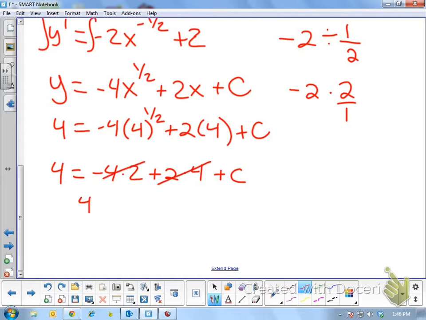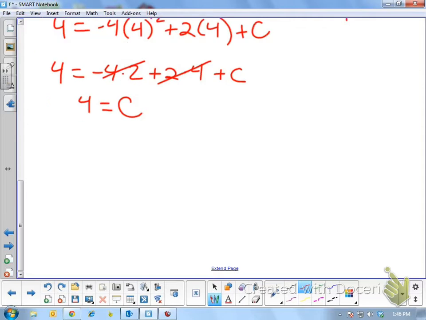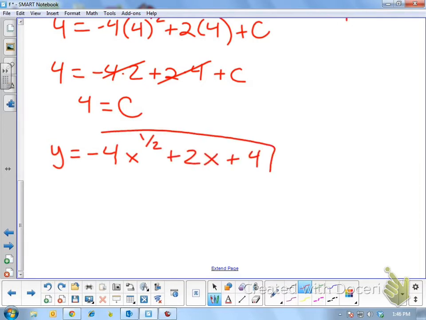So we get 4 is C. Then we do still have to write our final answer. Y equals negative 4 x to the 1/2 plus 2x plus 4. Can you plug that C back into the f of x, right? Mm-hmm.